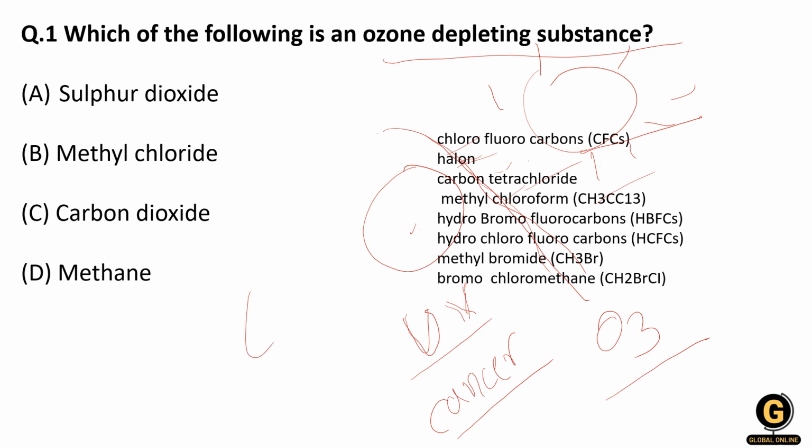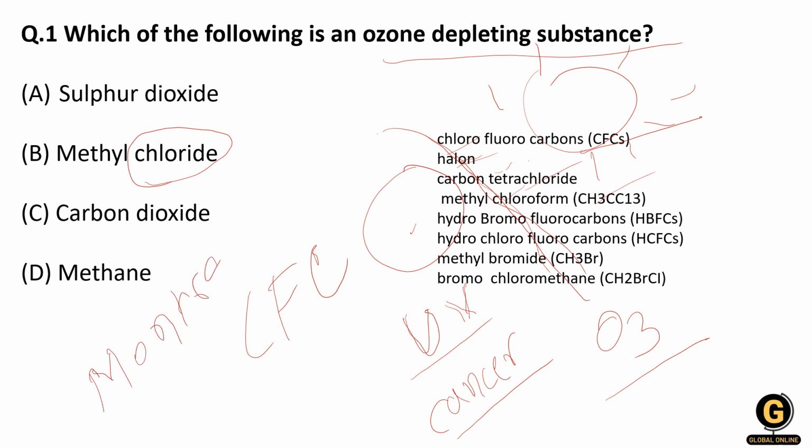So you remember CFCs, CFCs. Wherever you see something like this chloride, you have to see that that is an ozone depleting substance, and these ozone depleting substances are regulated by a protocol that is called Montreal Protocol.